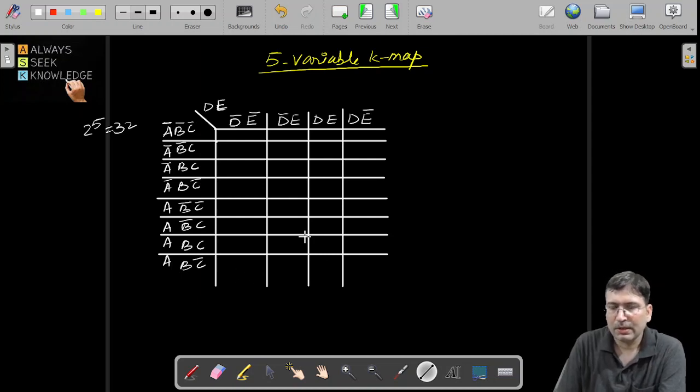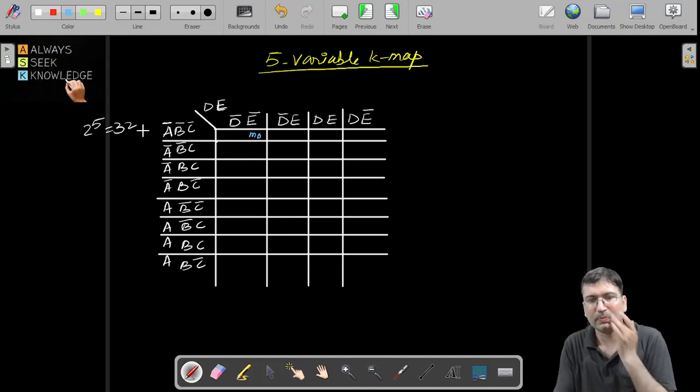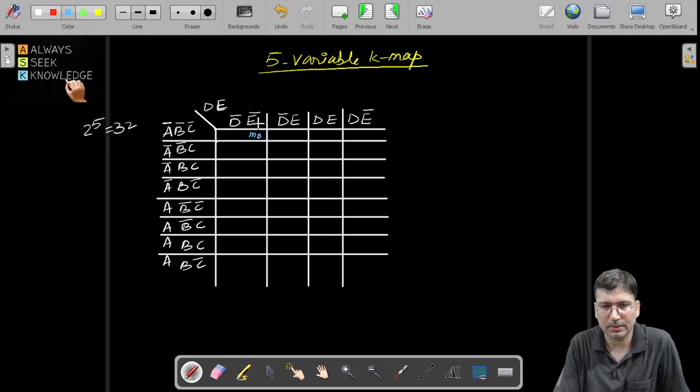Now you write it. So this is minterm 0, because all are A bar, B bar, C bar, D bar, E bar, right? This is 0 0 0 0 1, so it is minterm 1. This is all 3 zeros with 2 ones, so this is minterm 3. This is minterm 4, right?